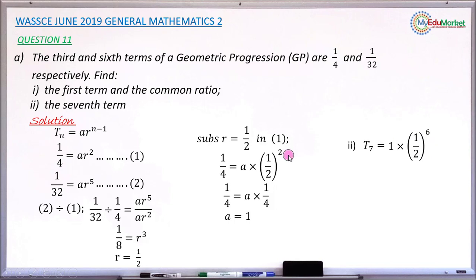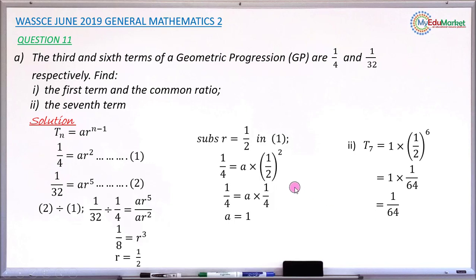The power 6 comes from subtracting 1 from 7. Now, 1 raised to 6 is 1, and 2 raised to 6 gives 64. So you have 1 times 1/64, which is nothing but 1/64. So term number 7 is 1/64. This answered the two questions.